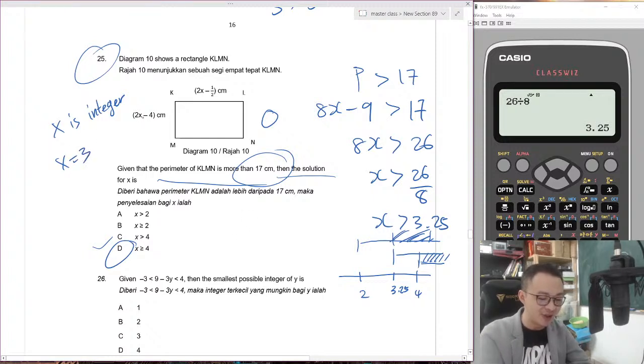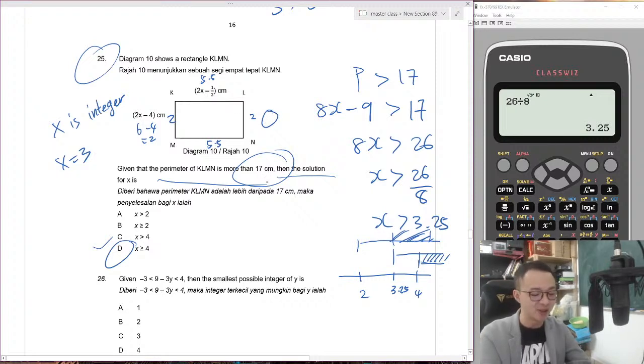We get 6 minus 4, which is 2. Here will be 5.5, 6 minus 0.5, 5.5, times 2 is 11. 11 plus 4 will actually get 15, which is less than 17.